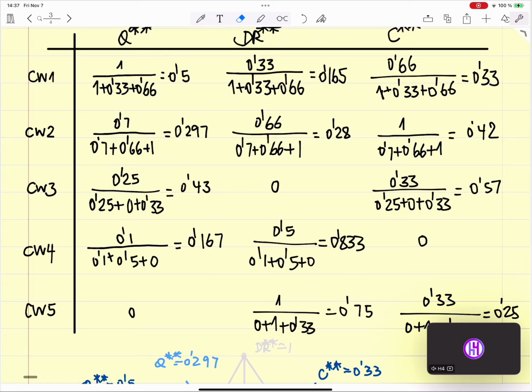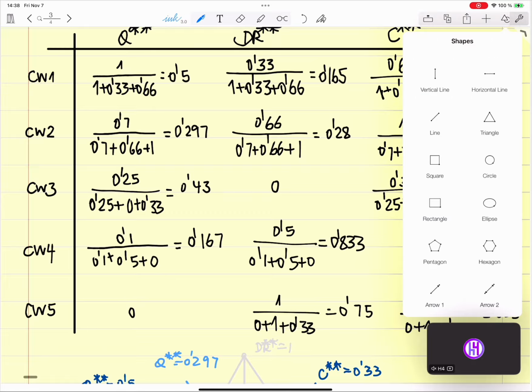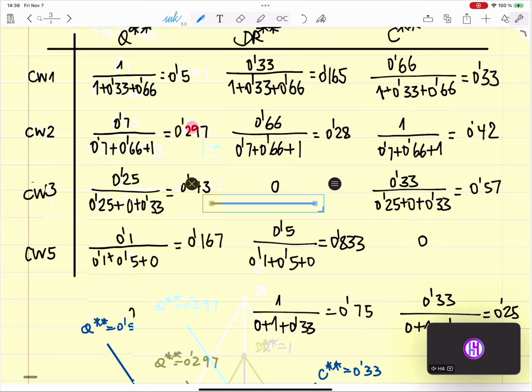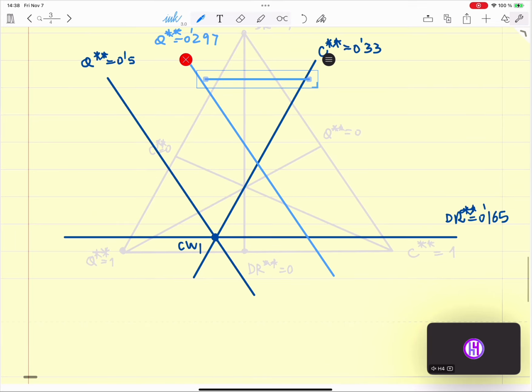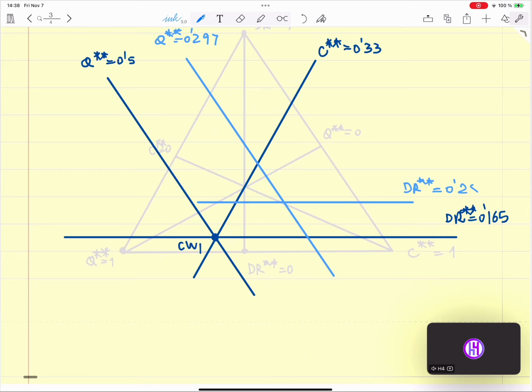Now I take the delivery rate, 0.28. It's going to be lower to this point, parallel to the lower line. Let's say this is the delivery rate star star 0.28. So where both lines cross is calendar week 2.